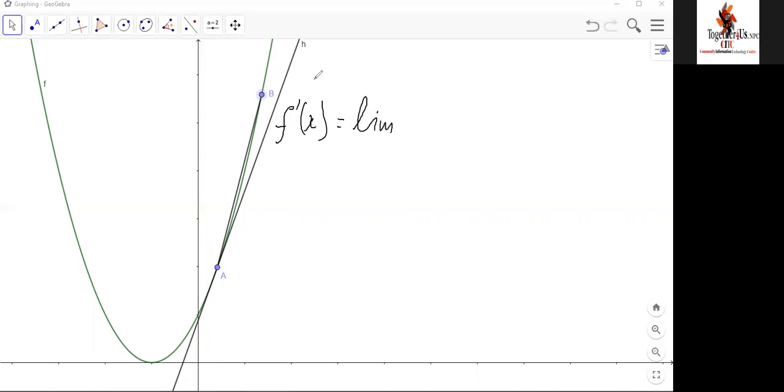From first principles, the gradient of the function at any point is the limit of f of x plus h minus f of x over h as h tends to 0, as the distance, as you saw, gets smaller and smaller.